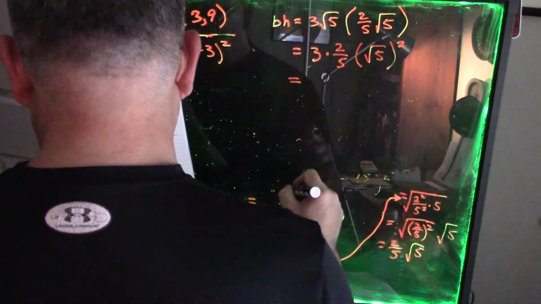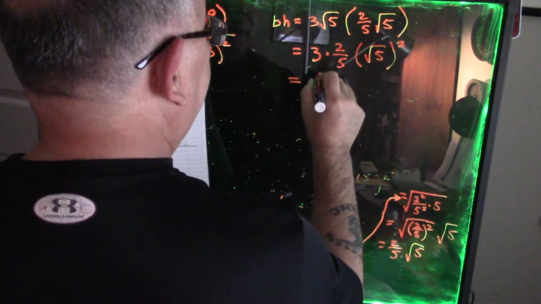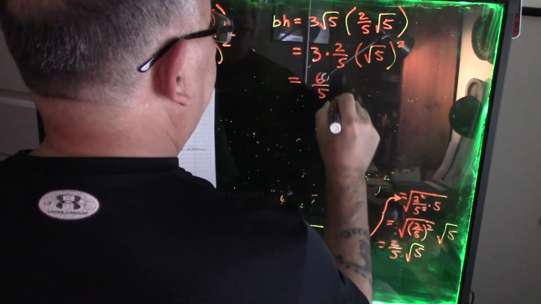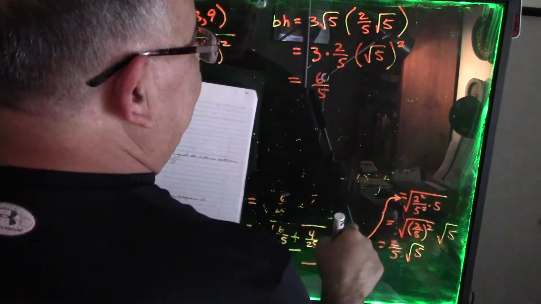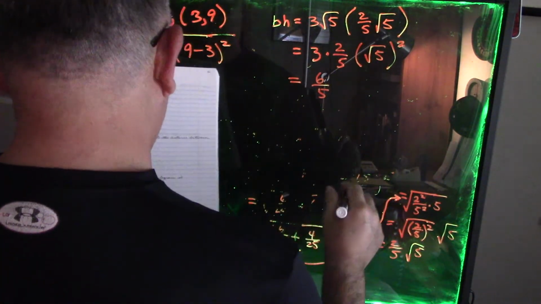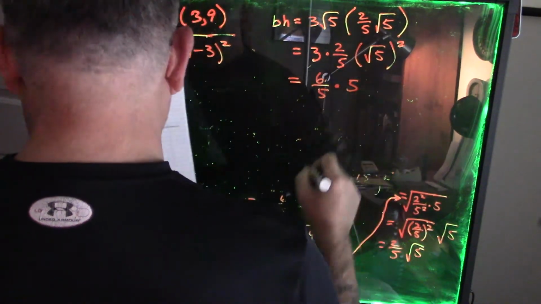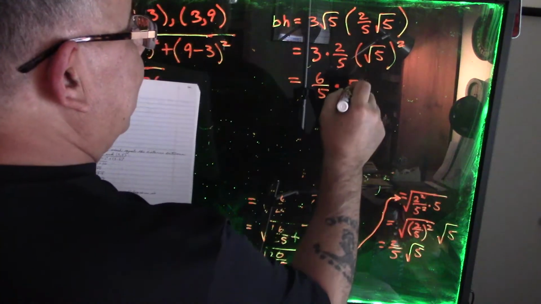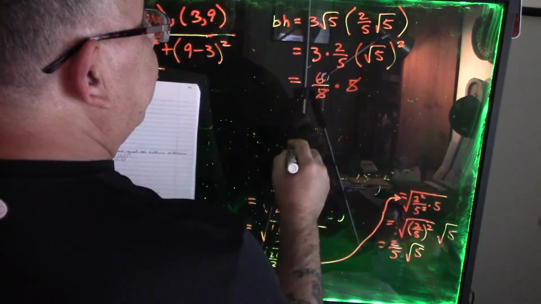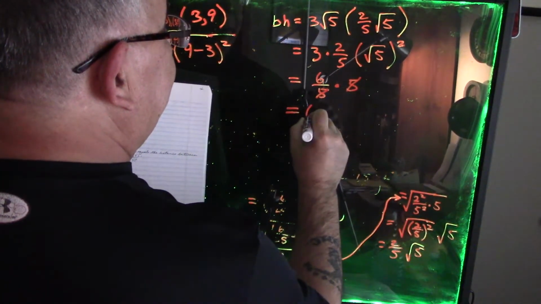So 3 times 2/5 is 6/5. And then square root of 5 times square root of 5 is just 5. And this is nice because this cancels with that. So you just get 6.